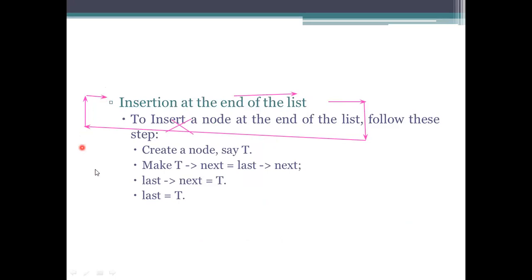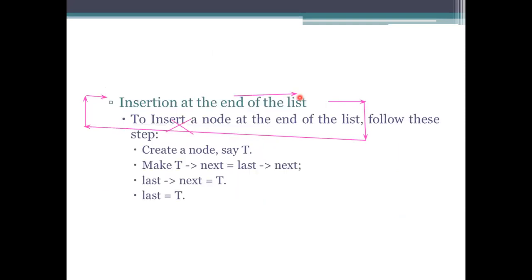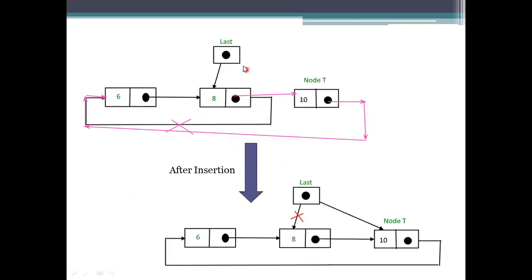And coming to the next one, last node's next. Last node's next means at present this is the last one. So last node's next should be specified as 10. And then next we are taking last is equal to T. So we need to specify the last one we are taking here has to be pointed to this one.